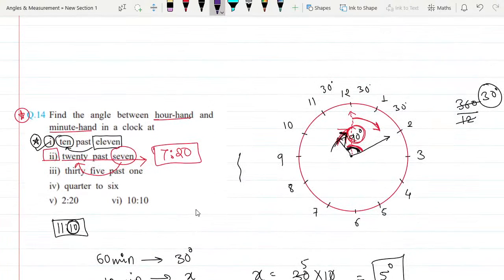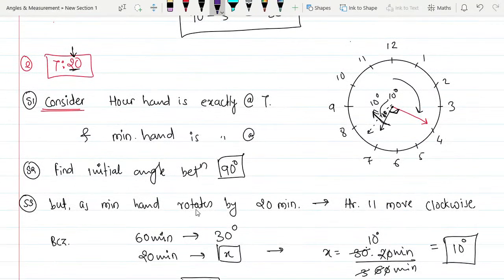See, in this first question, our R hand is approaching the minute hand and it is in the acute. But in the second case, our R hand is moving away from the minute hand. Okay, that's why ये दोनों के बीच का जो एंगल है it is expanding. Okay, the further it goes, the more angle you will get in between these two.